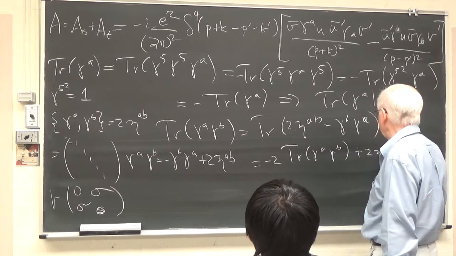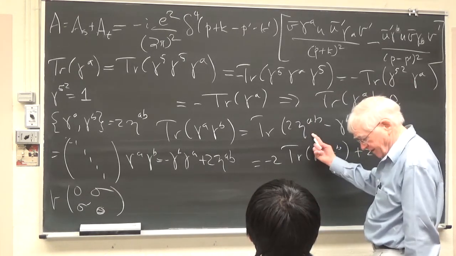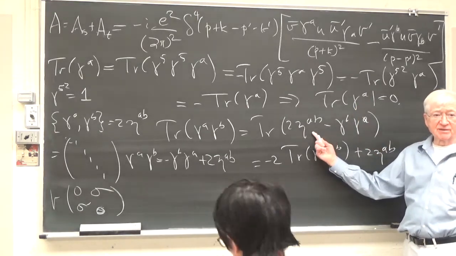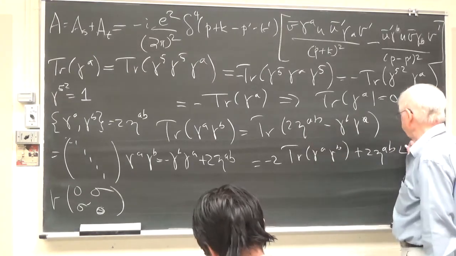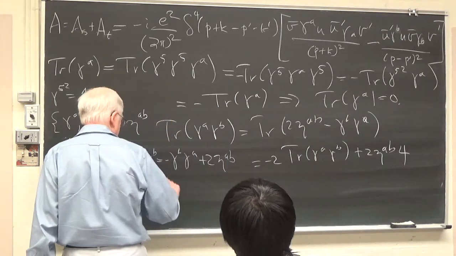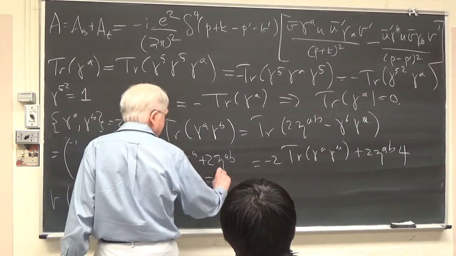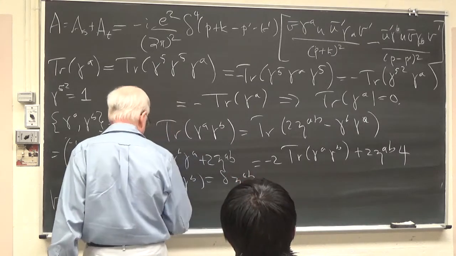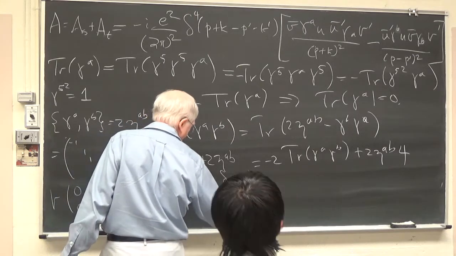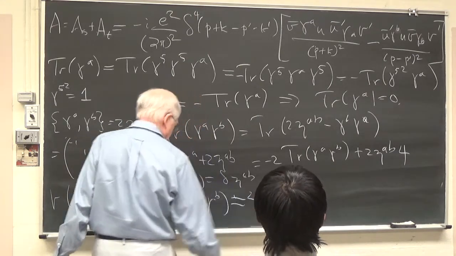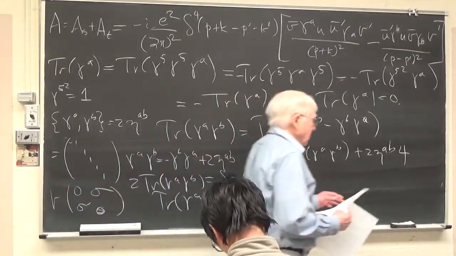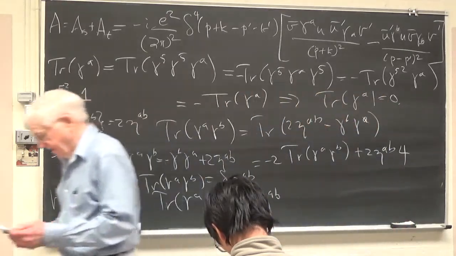That's 2 eta AB, but the trace of 1, see, there's a 4x4 identity matrix lurking here. The trace of that is 4. So what we get then is 2 trace gamma A, gamma B is 8 eta AB, and so trace of gamma A, gamma B is 4 eta AB. Okay, so that's one of the trace identities.